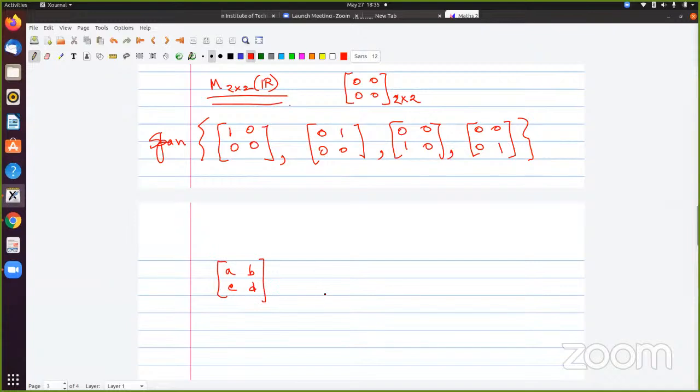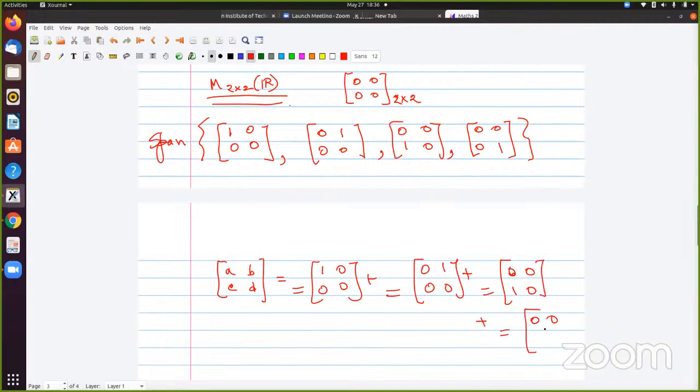So I have to write a linear combination of these 4, with some real numbers as constants. This should be a, this should be b, this should be c, and this should be d. So clearly any matrix in M2 cross 2 R can be written as a linear combination of these 4 matrices. Correct?